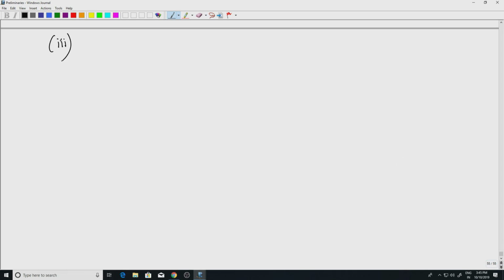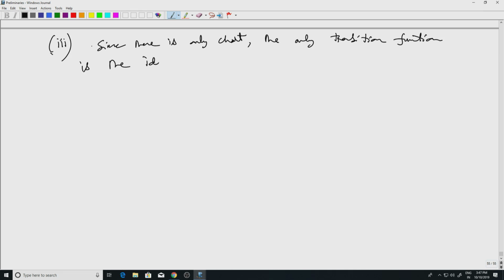Since there is just one chart, the question of transition functions being smooth becomes quite trivial. The only time transition functions arise is when U alpha intersection U beta is not empty. Since there is only one chart, the only transition function is the identity function.